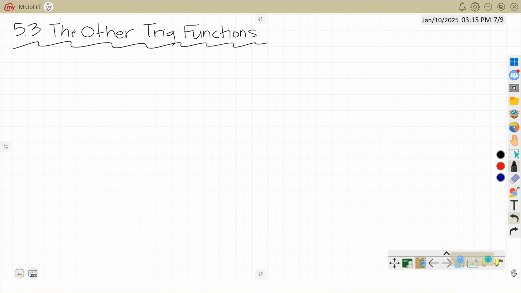So sine and cosine are the primary trig functions. All of the other trig functions depend on them. And there are 6 trig functions total. We already know sine and cosine.